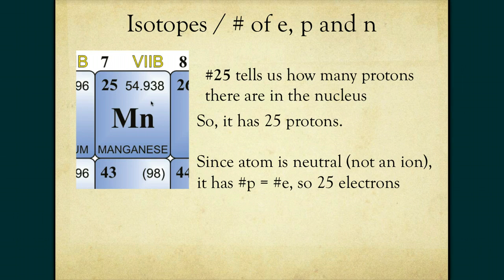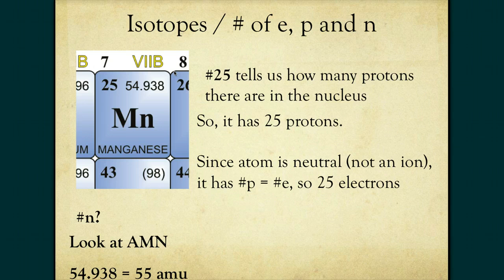The next number that you see here is the atomic mass number. So how do I figure out the number of neutrons? I'm looking at the atomic mass number and I am rounding it to 55 because 54.9 is 55. So that's my 55 AMU. It's not grams. The unit here is AMU.